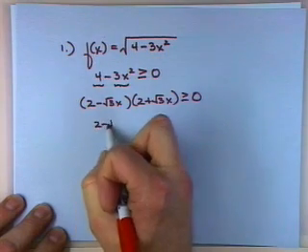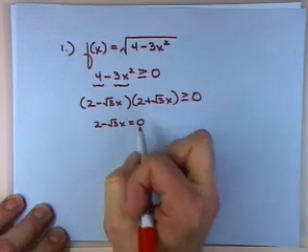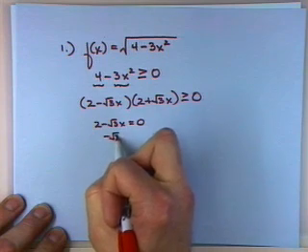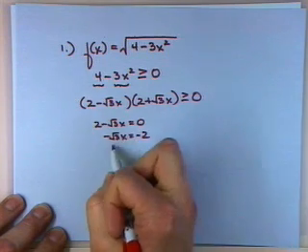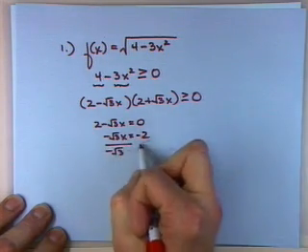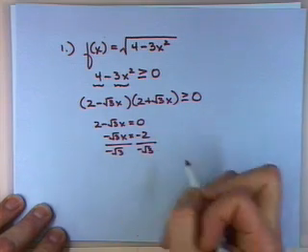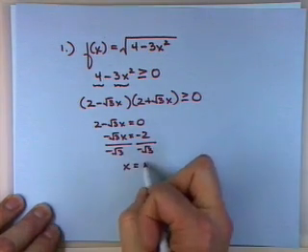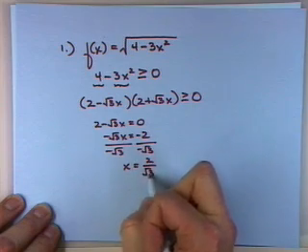So if I find this one, there's one of my values, 2 over the square root of 3.